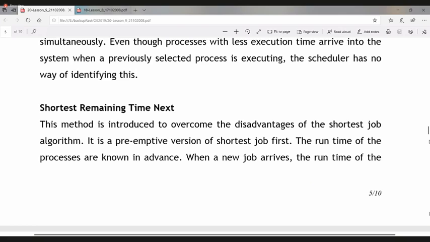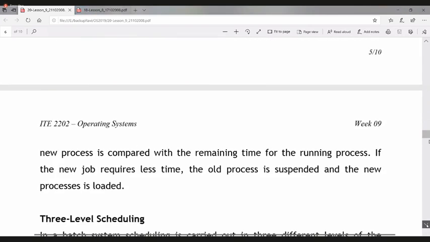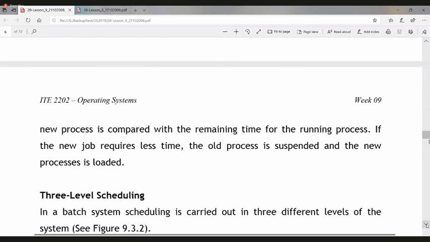When a new job arrives, the runtime of the new process is compared with not the total time but the remaining time of the running process.